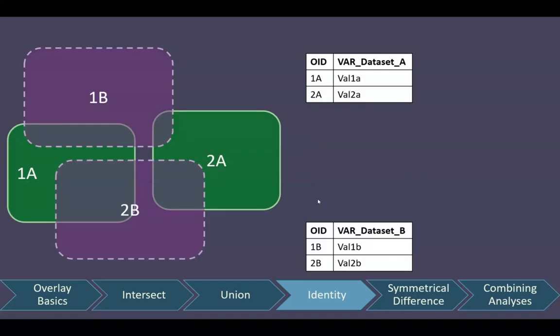So let's go ahead and look at our awesome example here. Just like before, there are 8 features that come out of this: this one, the overlap, this one, the overlap, this one, the overlap, this one, and the overlap. But in identity, it's going to keep all of the overlap.